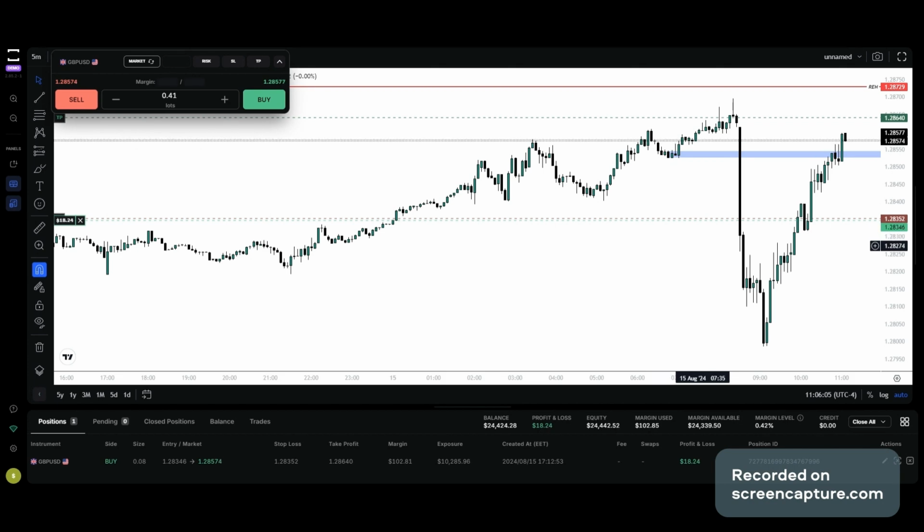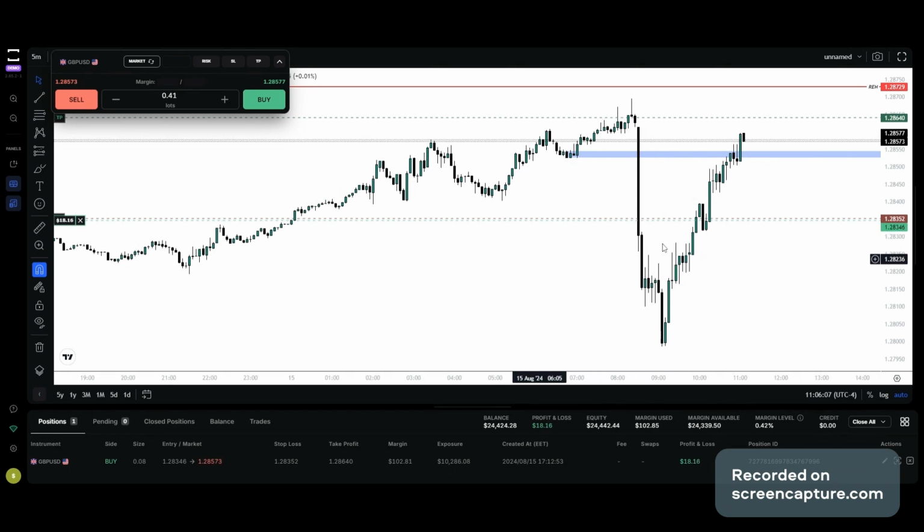Okay, so here's what I was talking about. This is a trade that I'm currently in on my funded account challenge through Funding Traders, and I've already pulled off 80% of my position.